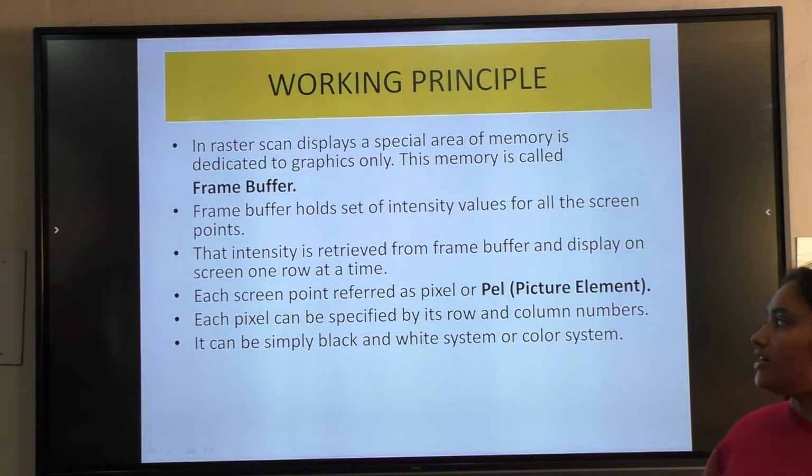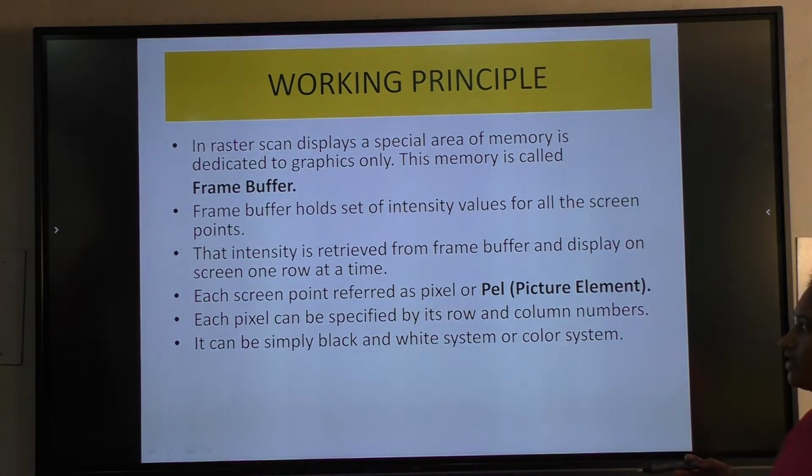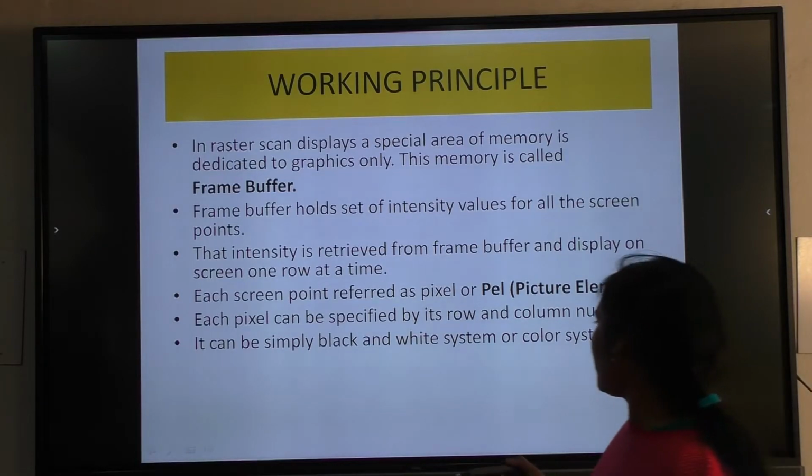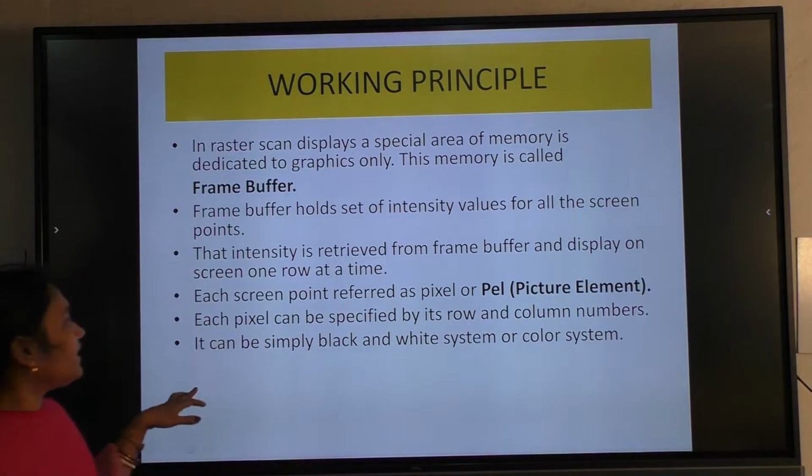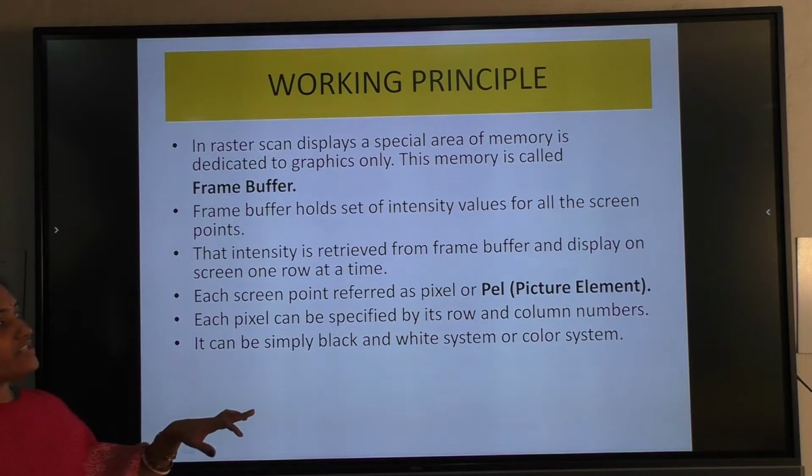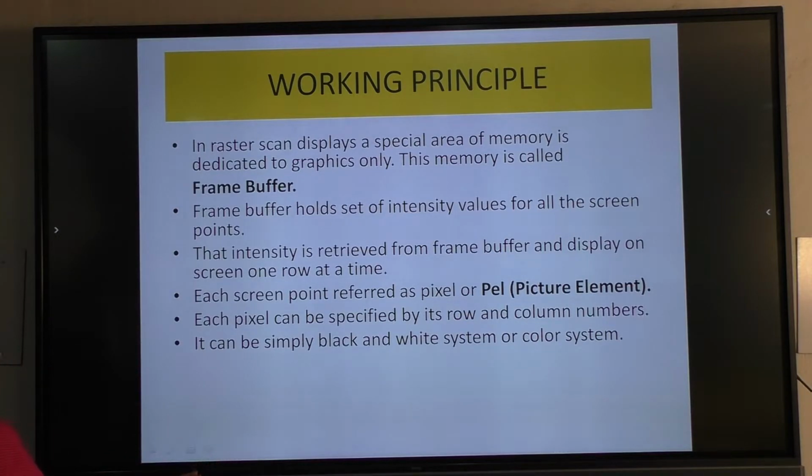Each screen point is referred to as a pixel or pel, meaning picture element. Each pixel can be specified by its row and column numbers. It can range from a simple black and white system to a color system.